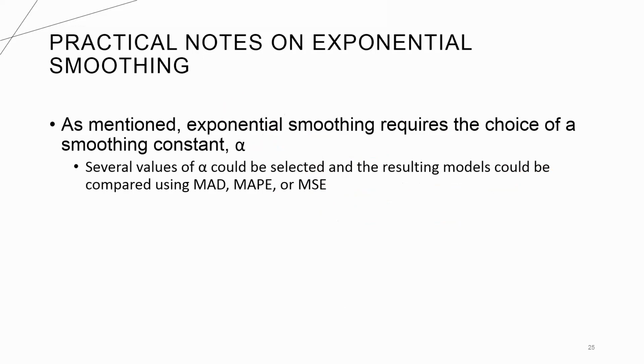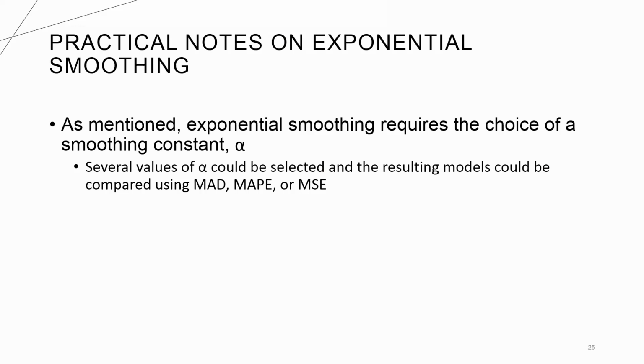Okay, so like I said, we have to choose alpha. You can choose values, or again, you can use Excel to optimize the values. But how do we optimize it? Well, we can use MAD, MAPE, or MSE. Picking the value of alpha that gives you the smallest possible MAD is not going to be exactly the same alpha that gives you the smallest possible MSE.